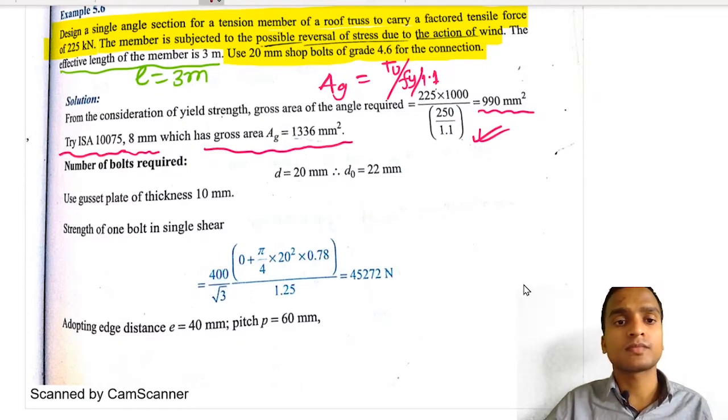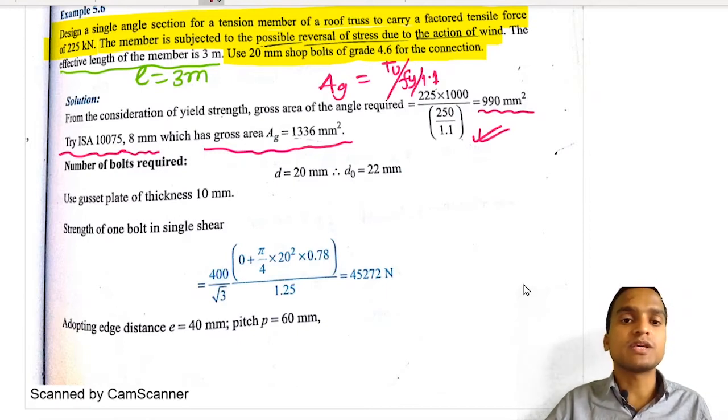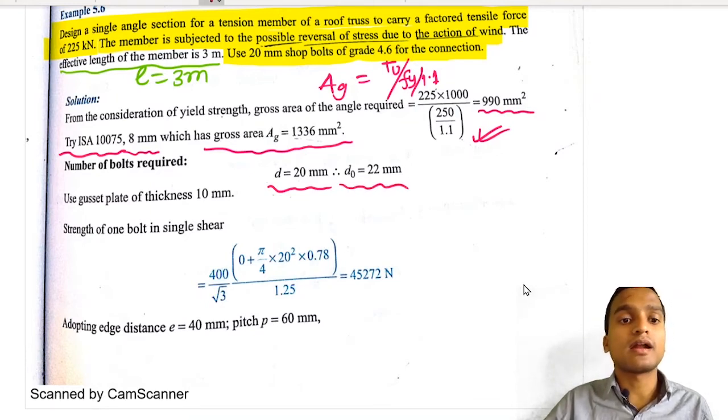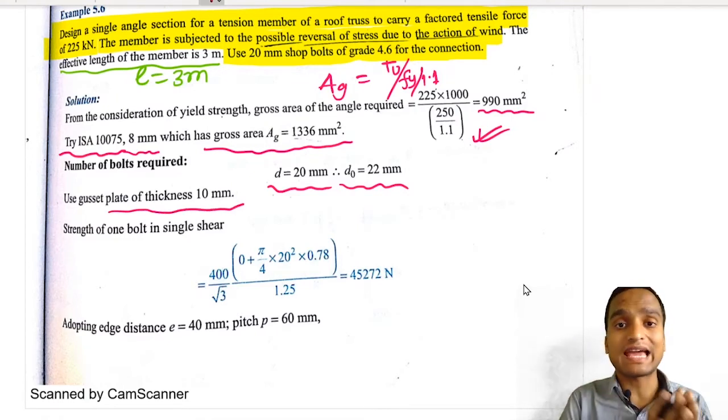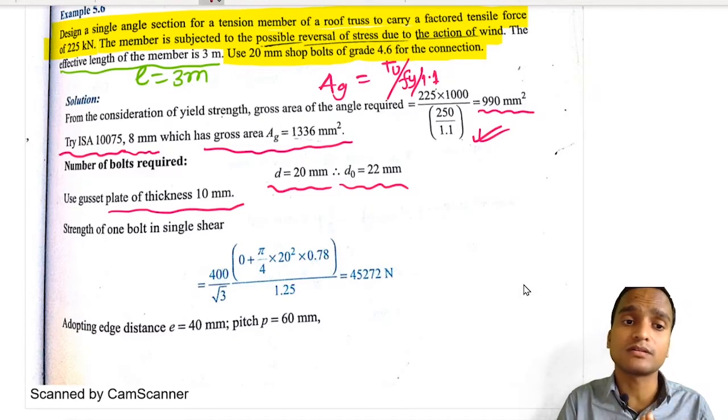We can also check how to calculate the gross area of an angle section, that we have also discussed. Now how many bolts do we have to provide? Since we are using M20 bolts with bolt hole diameter equal to 22 mm, and we use a gusset plate of thickness 10 mm, because there is one angle section and an angle section is always connected with a gusset plate.